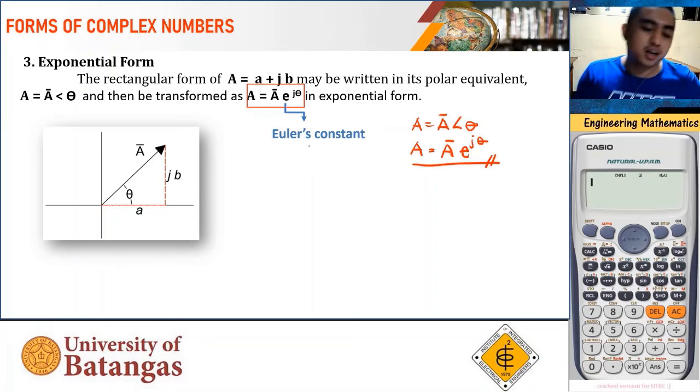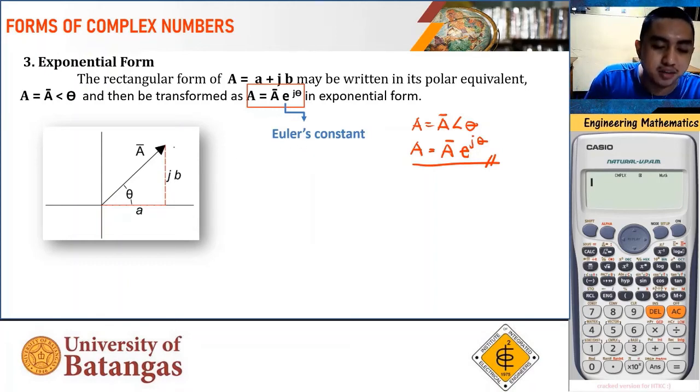Okay, so let's have an example. Halimbawa ay yung example natin kanina. So, sa 3 plus j4, ang kanyang polar form is 5 bar angle 53.13.